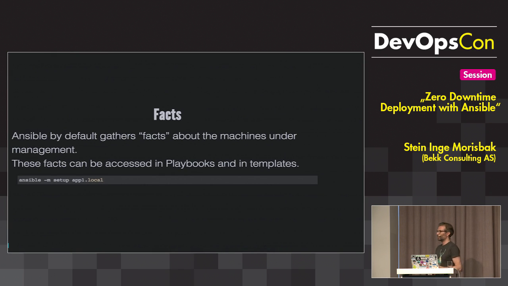And then there's this notion of facts. Ansible uses facts. Facts are facts about the servers you're about to provision. So it collects facts from the machines you're about to provision before you provision them. And these facts can then be used in playbooks and in templates. So you get some information about the servers.